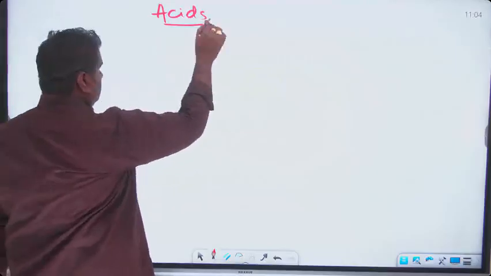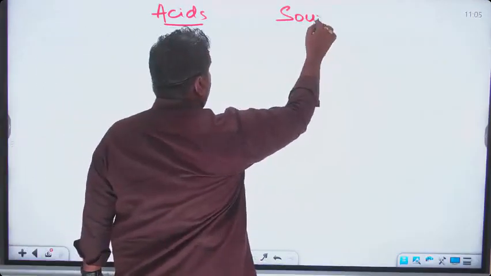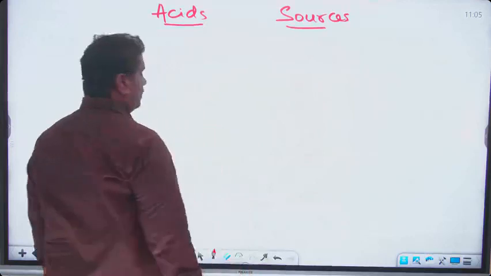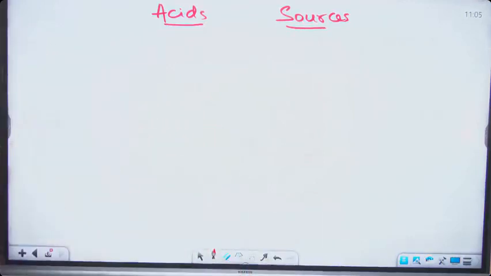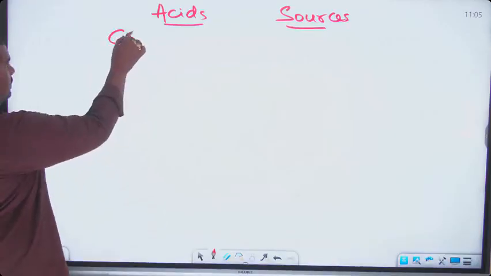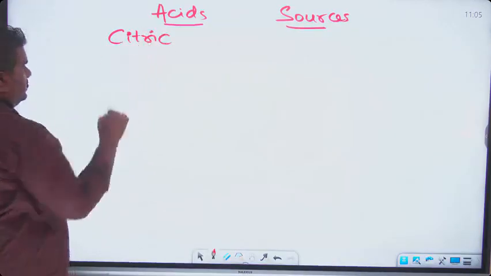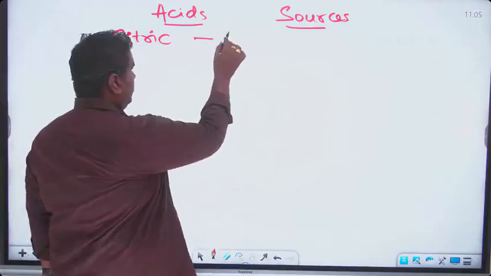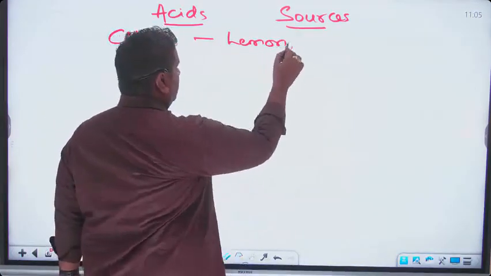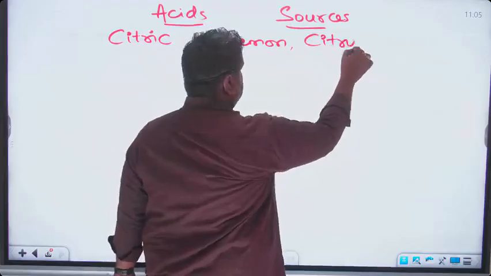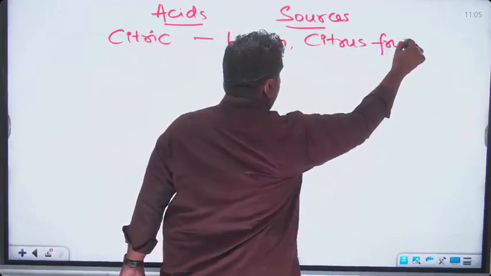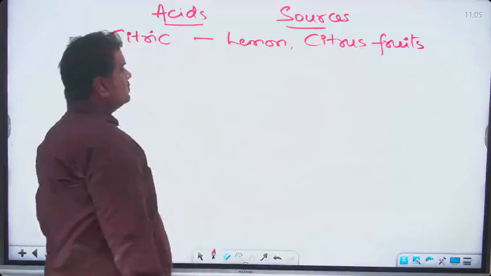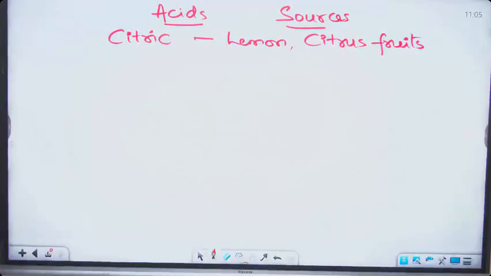acids and sources. The various types of acids that we are talking about, what is their source. The very first one, citric acid. Source: lemon, and I'll write only one word, citrus fruits, all the citrus fruits.